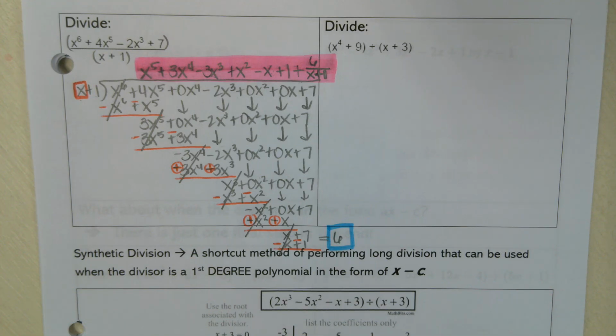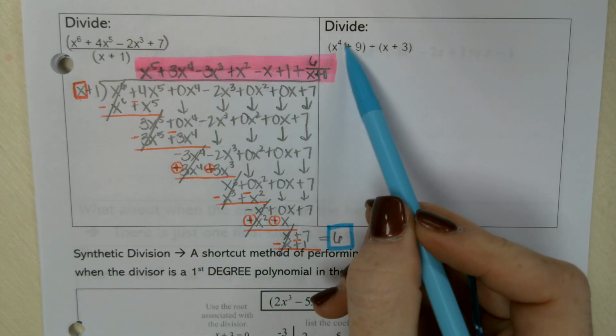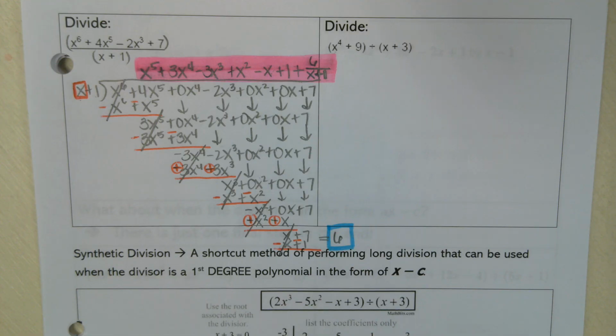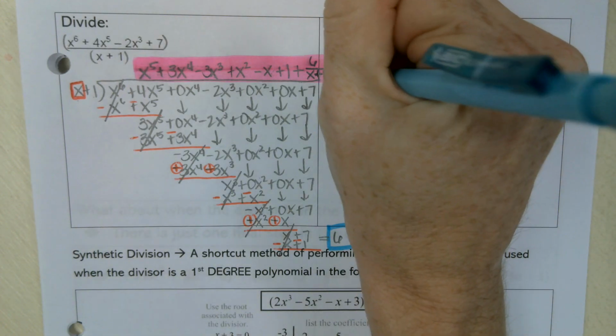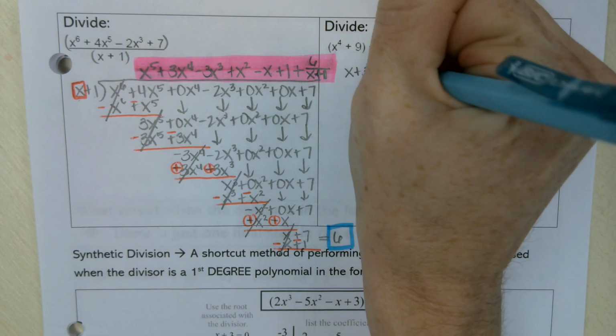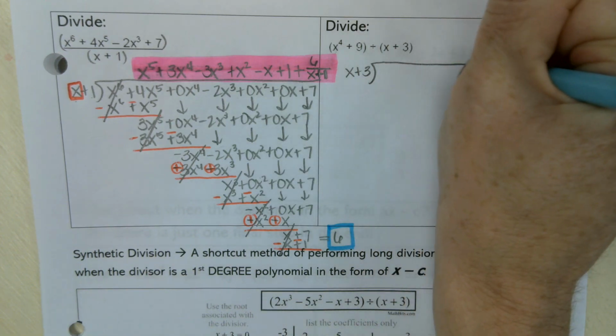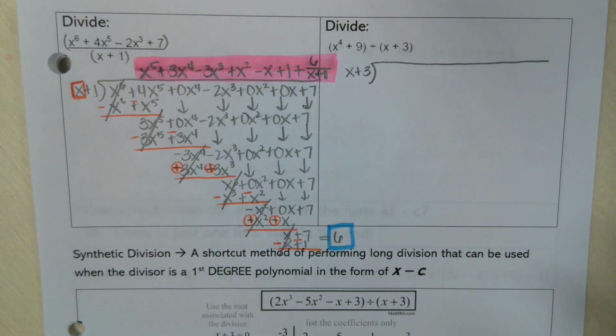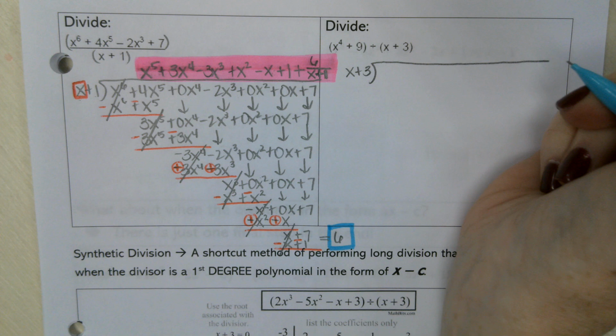Now look, all I have is an x to the 4th and a 9. I'm going to do my x plus 3 on the outside. This one's not going to be as long because it's not as high of a power.